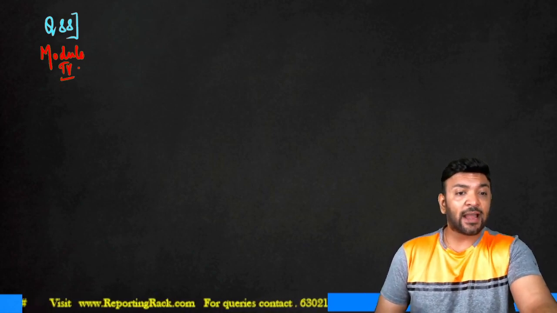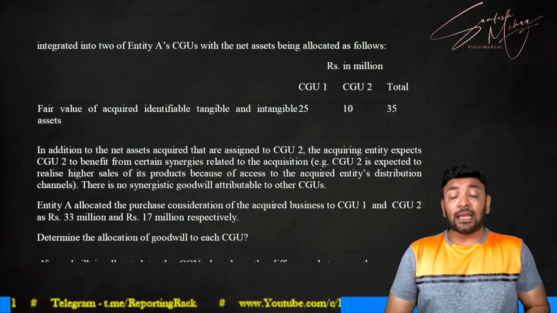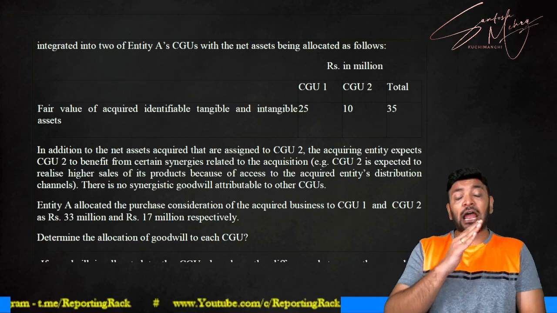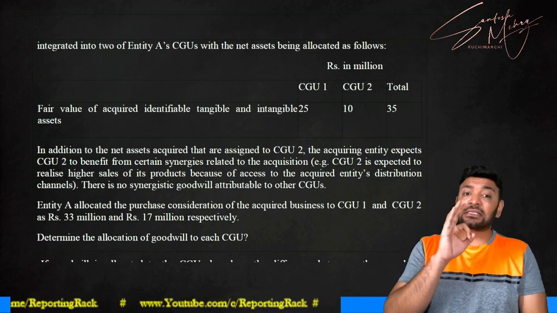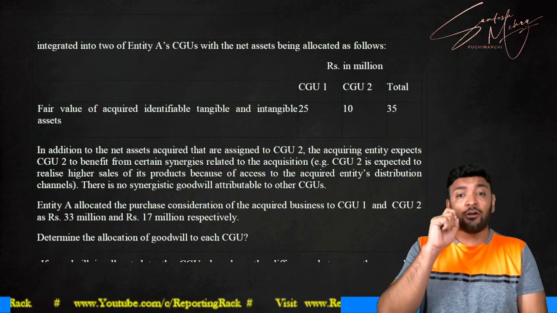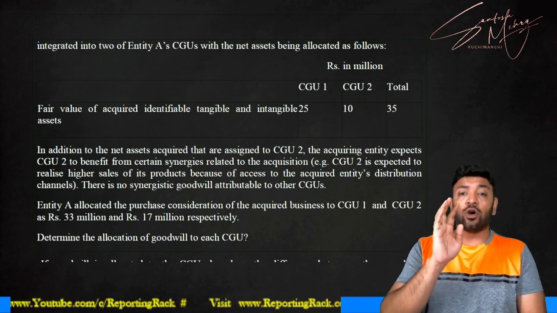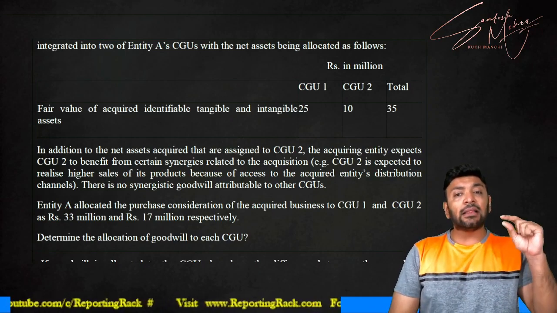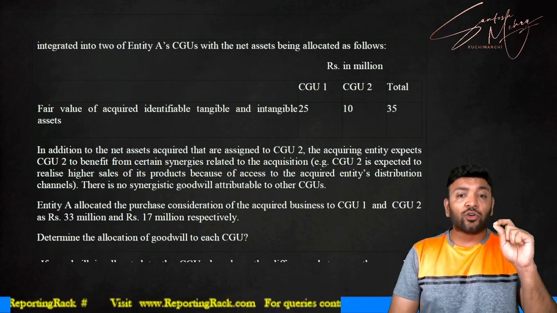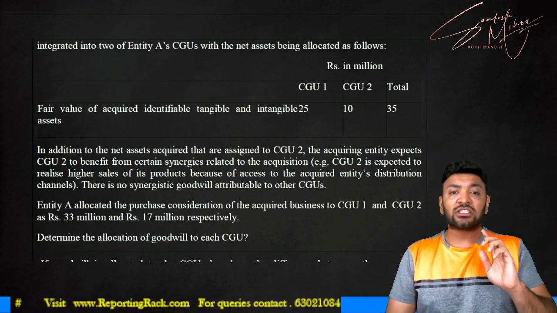Yes guys, let's get back to the question and see what it says. It clearly says that the 50 million of purchase consideration transferred to the other entity can be allocated to CGU1 and CGU2 as 33 million and 17 million, making a total of 50 million. The fair value of net assets allocated to CGU1 and CGU2, a total of 35 million, is also given. So by comparing the net assets and the purchase consideration, we should be able to determine the amount of goodwill arising on business combination that can be allocated to each CGU.